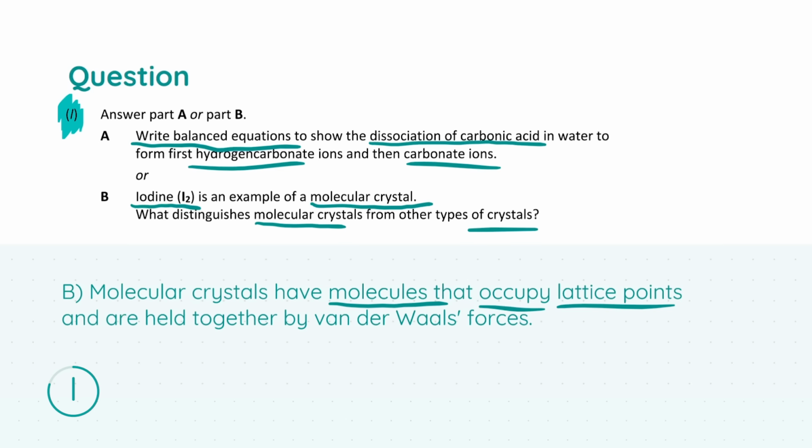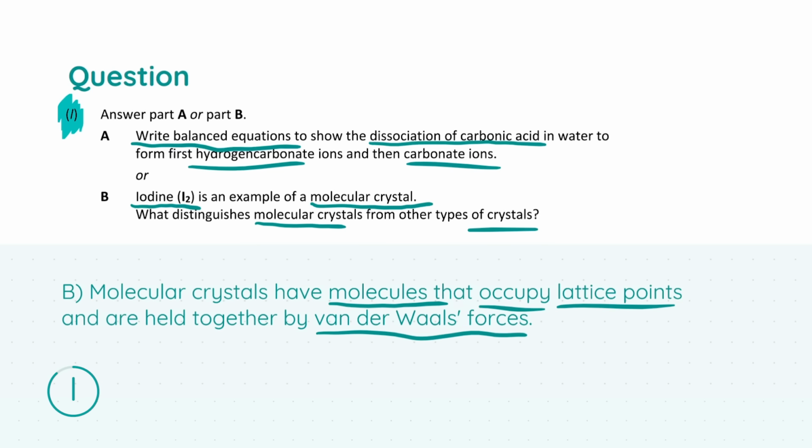And another important thing to note when talking about the difference between a molecular crystal and a generic normal crystal is that molecular crystals are held together by van der Waals forces or any other form of intermolecular forces. You could say anything like London forces, dipole-dipole interactions, hydrogen bonds, all of that also works. But in this case, I was just saying van der Waals forces.